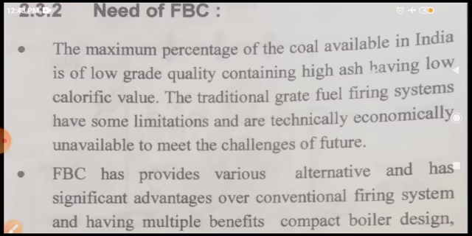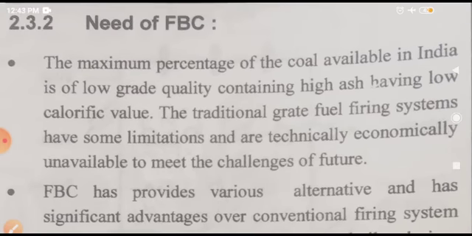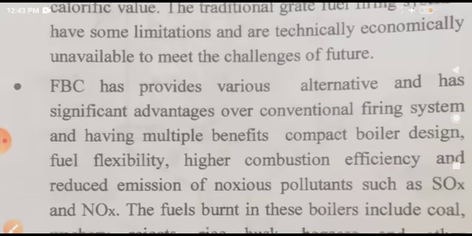What is the need of FBC that we have seen? The maximum percentage of coal available in India is of low grade quality, containing high ash and low calorific value. The conventional grade fuel firing systems have some limitations and are technically uneconomical and unable to meet the challenges of the future.